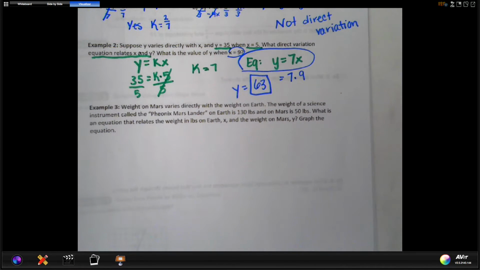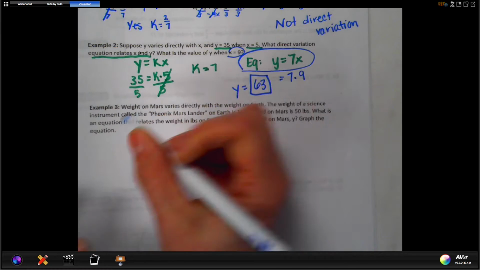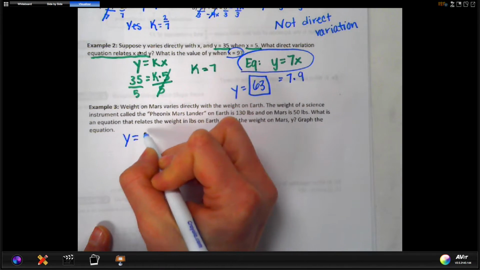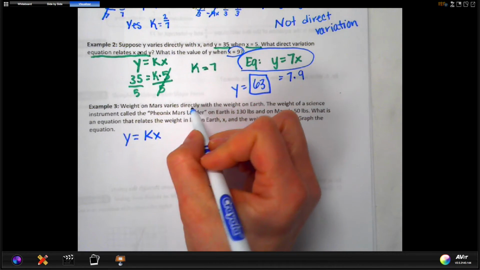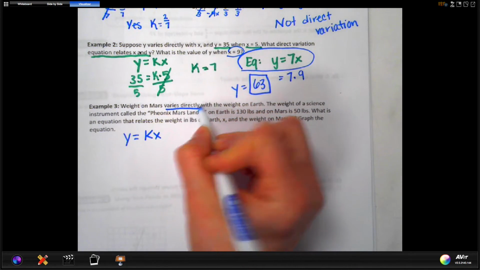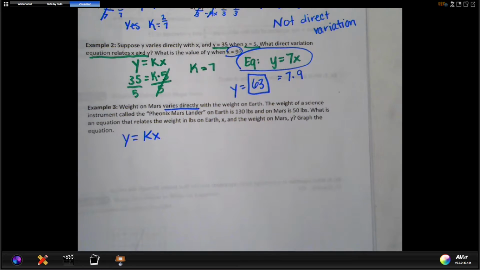Okay, so you're going to use the same process as before. So you're going to start with y equals kx, which we did up here, because the reason we know that is it said varies directly. So that's how you know you're going to use that format. Okay, what information is given that I can put into that to solve for k? You got to look through there, and then you got to know which one is which, too, okay?